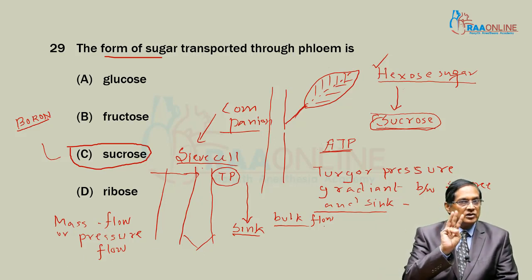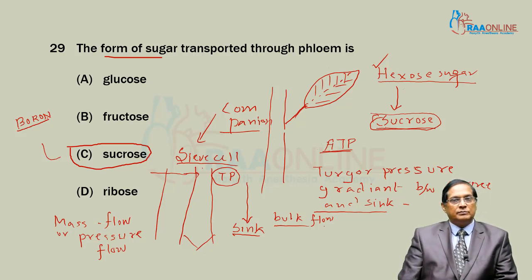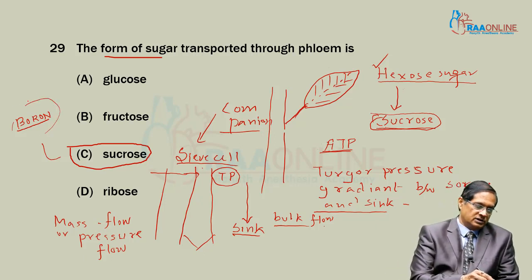So at least three or four questions are there in this explanation. Let's see in brief. Number one, sugar is translocated in the form of sucrose. Second, the element boron is concerned with sugar translocation.